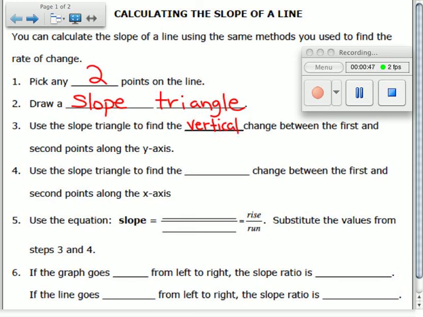4, use the slope triangle to find the blank change between the first and second points along the x-axis.